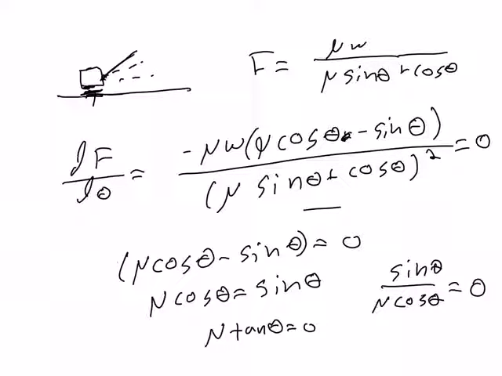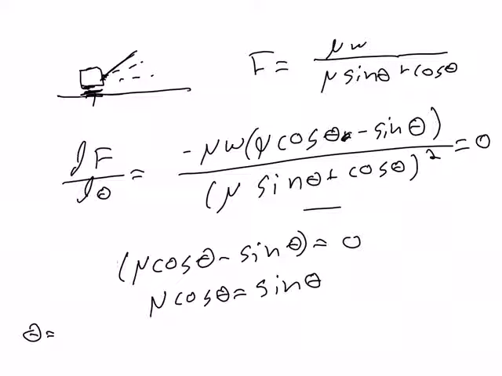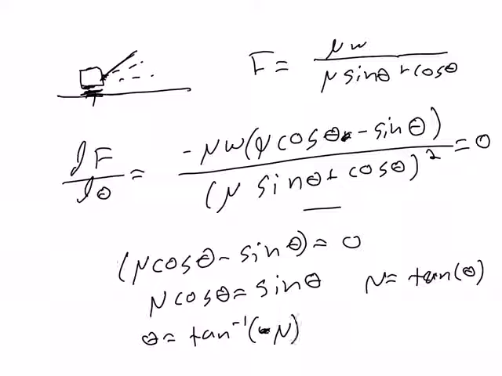Sorry, when I do this, it's easier to say when is mu equal to tan of the angle, or in other words, when is the angle equal to tan inverse of mu, of the constant, and this is when we get 0, so it's based on the friction constant.